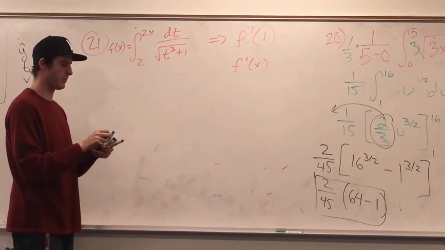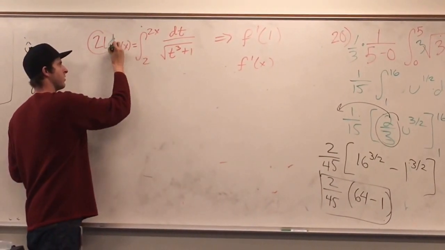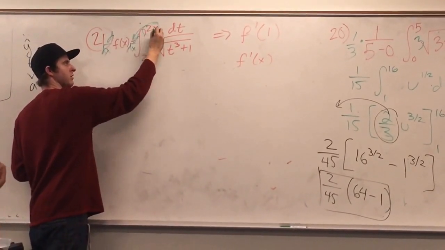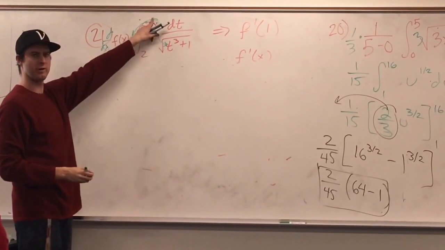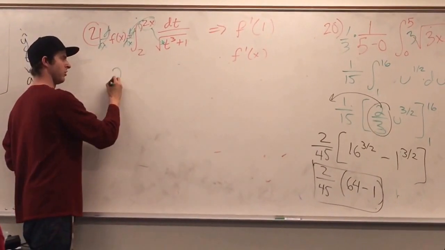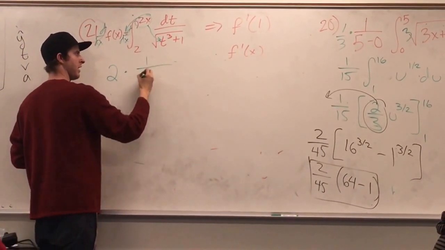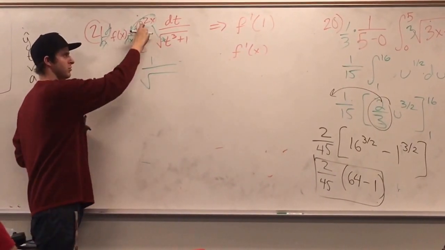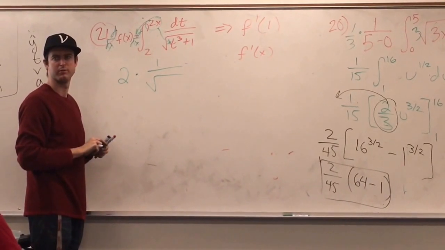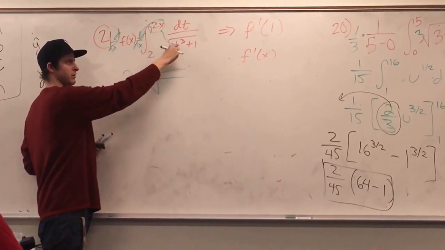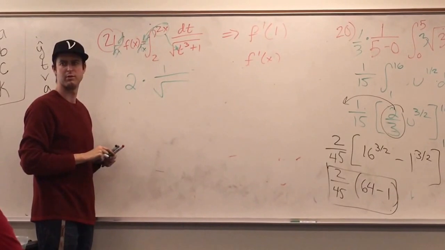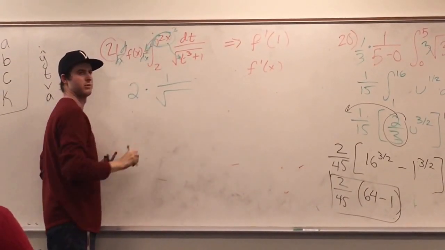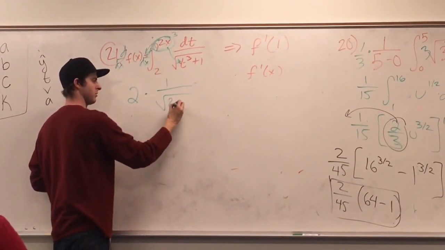Okay, how do I get f prime of x here? I take the derivative, and I have to use the fundamental theorem of calculus, which says I put it in both spots. What's the derivative of 2x? 2 times 1 divided by, what's 2x cubed? 2x cubed is 8x cubed.